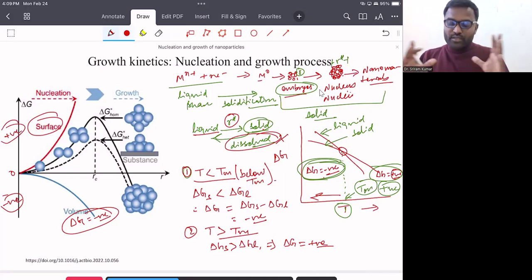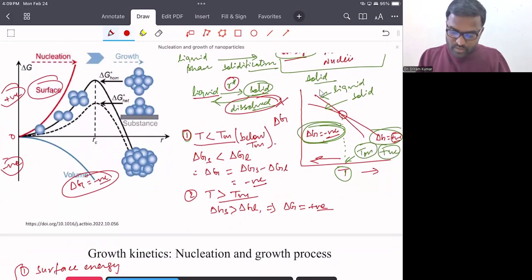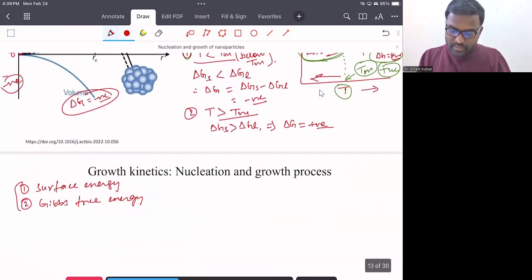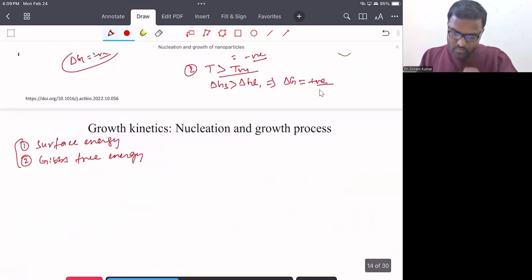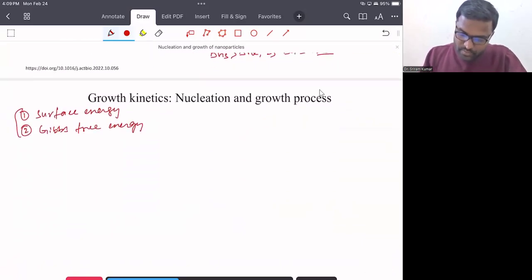If you want to understand the overall thermodynamic energy in the nucleation process, we need to add up the overall energy, right? So now we have these two parameters.